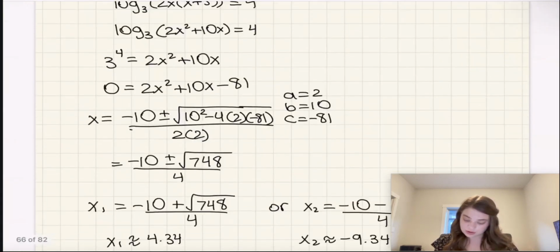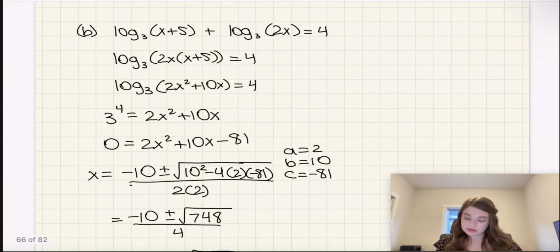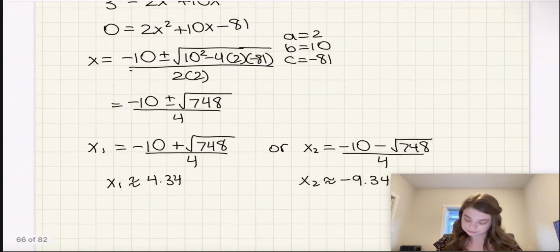And now going back to our original, we need to know if either x plus 5 for either of these values or 2x for either of these values gets us something negative, because if it does, then that's not a real solution. That's an extraneous solution that doesn't actually work here. However, if both of these end up being positive, then we're good.